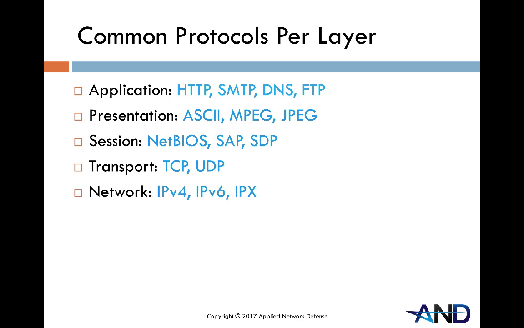Next up, we have the network layer, and the network layer is really responsible for addressing things, providing network addresses that allow for communication outside of a specific network. So if I have a computer on my network and I want to talk to another computer on Joe's network, and they're two separate networks, I require a network address and routing protocols that will route my request to his network and eventually to his system. So the network layer is what allows for that communication to happen outside your network.